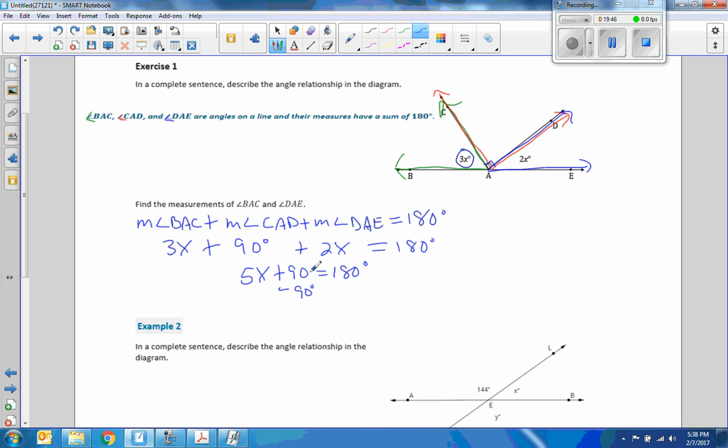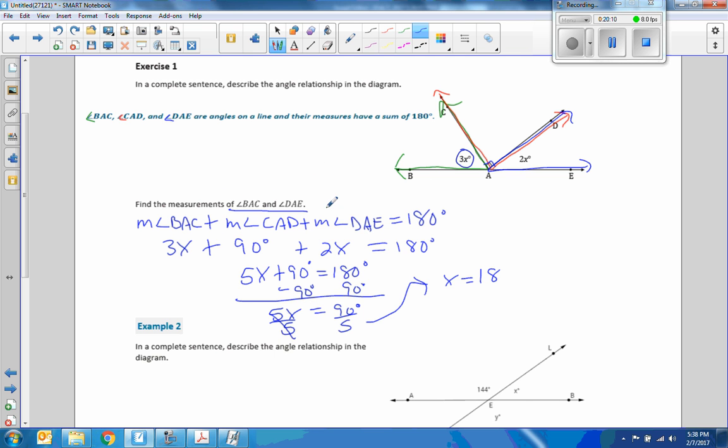I'm going to subtract 90 degrees from both sides. These cancel, and I get 5x equals 90 degrees. Divide by 5, that cancels. Divide by 5, and I get x equals 18. X is 18. Then I go back and read the question.